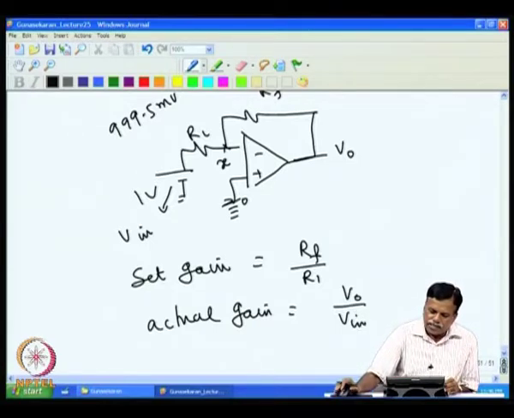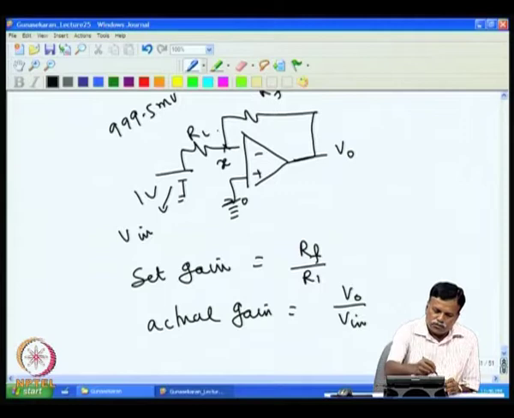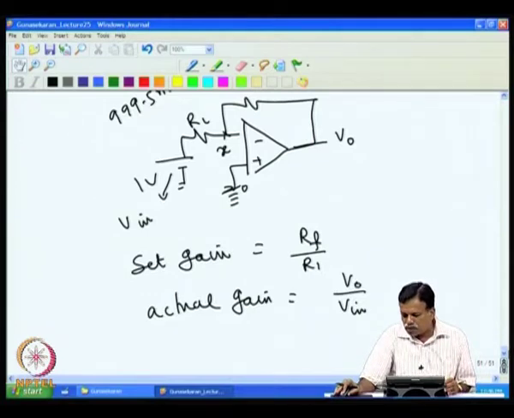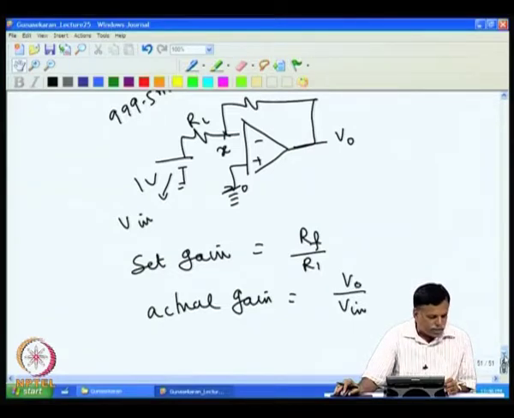Now, if this is x voltage, then the current through Ri can be computed. So, I take the current through Ri, this is Vi.